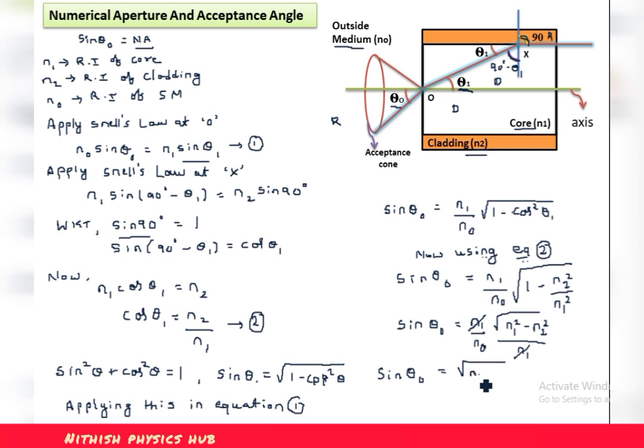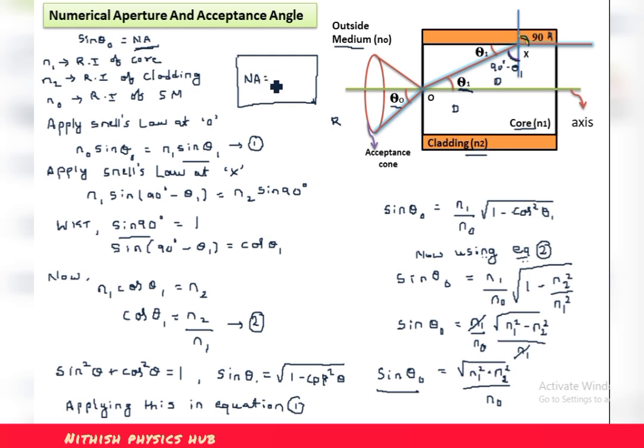So if I replace the sine theta naught value with the numerical aperture, the equation becomes numerical aperture is equal to the square root of n1 square minus n2 square divided by n0, where n1 is the refractive index of the core, n2 is the refractive index of the cladding, and n0 is the refractive index of the surrounding medium.